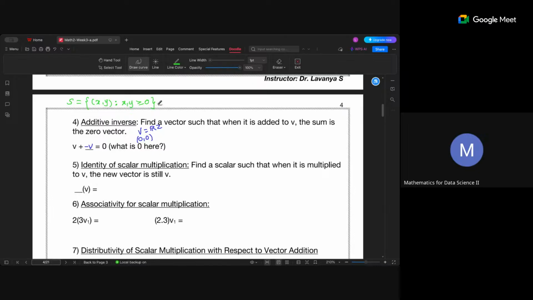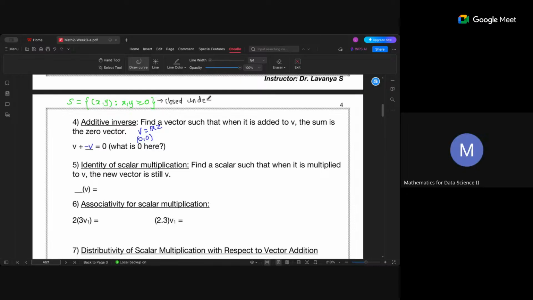Is it there or not? First of all, is it closed under addition? Yes, you can note that this is closed under addition.